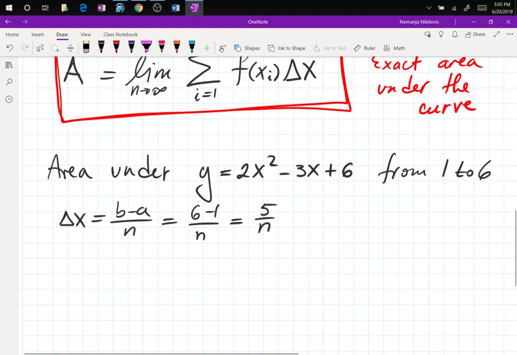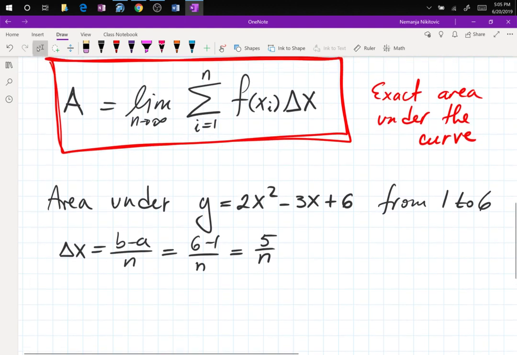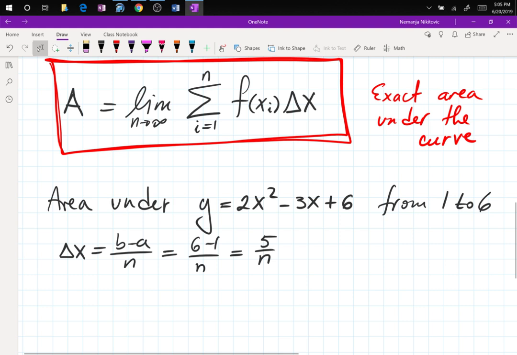Now, the next order of business is to calculate this xi. Now, xi is a plus i delta x.